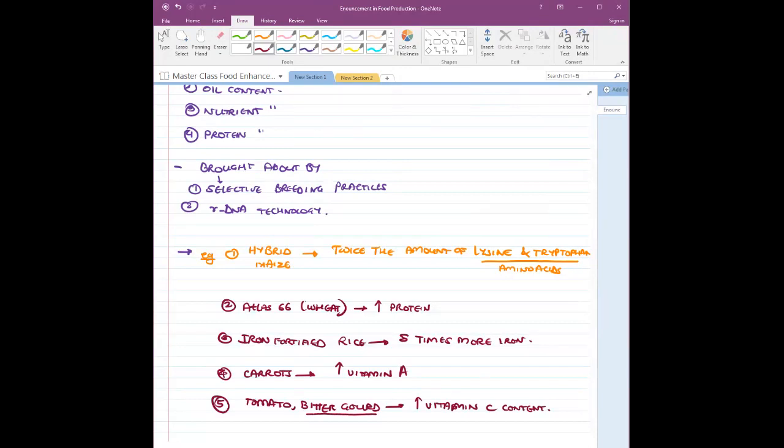Okay, so guys, once again, just have a look over here. Then we have one more type of modification.